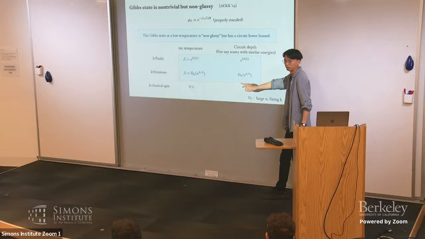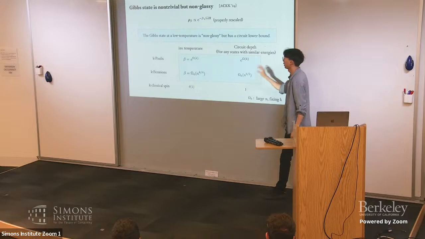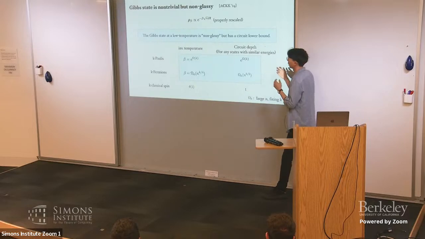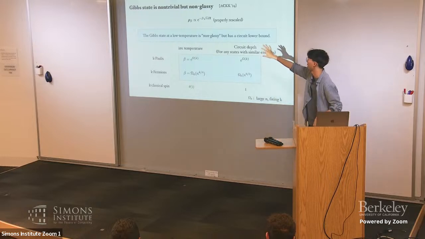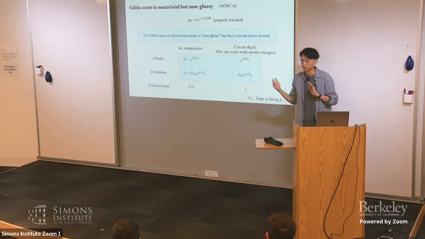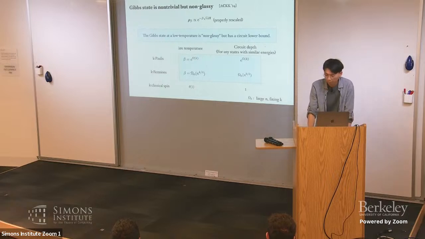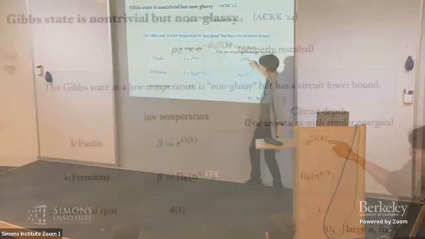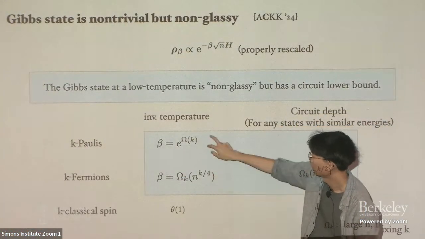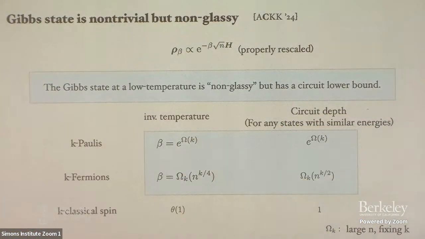It makes the energy extensive. Because these models are frustrated, things scale like root n in some cases, so you normalize it, adding the extra factor so that it's extensive. But you just compare these two: classical is 1, and this is exponential.